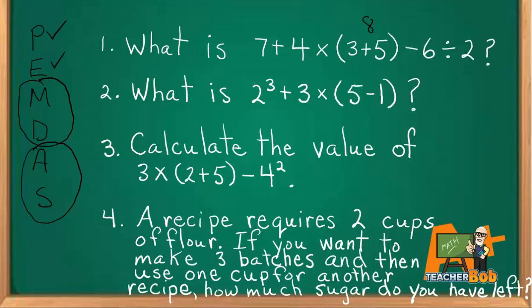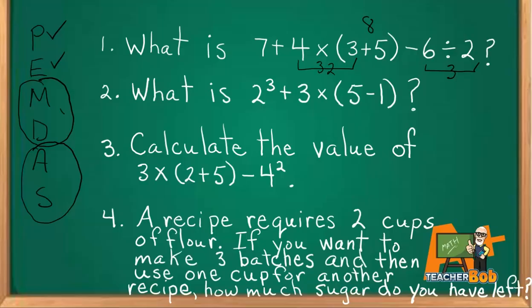Well, going from the left, we've got multiplication here. So 4 times 8 is 32. Then we have 6 divided by 2 over here, which is 3.